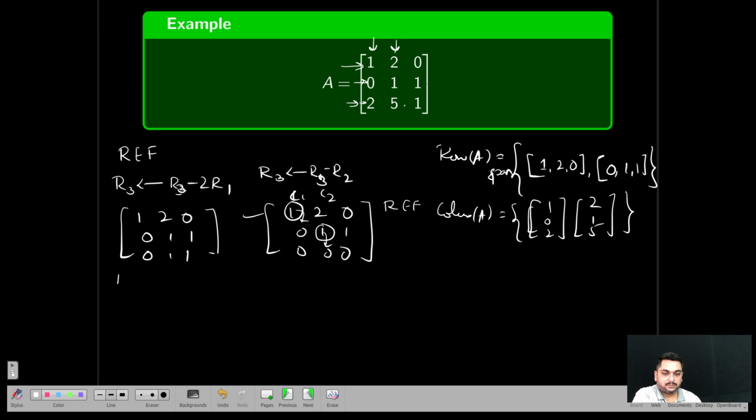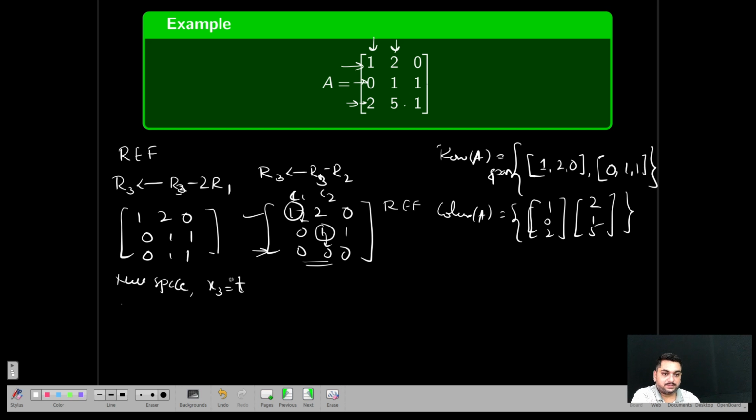What is null space? For null space, this third variable is set free. Let us say x3 is the free variable t, or some scalar constant. Now x3 equals t.